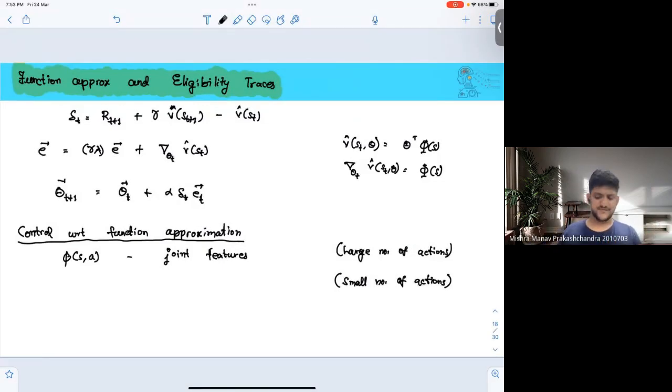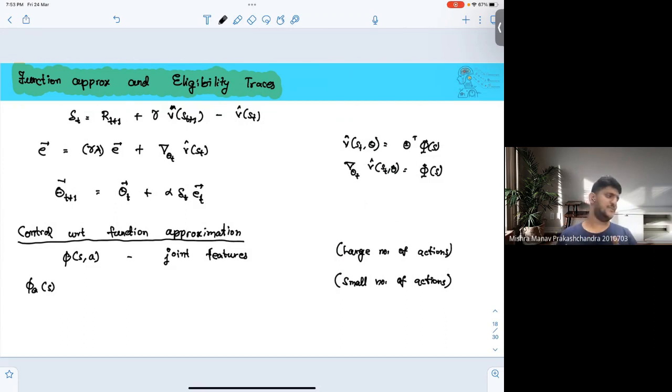So for a small number of actions, we need not necessarily encode it into a joint feature, because computing a joint feature is a challenging feat in itself, right? So that's why we maintain separate function approximations for each action.